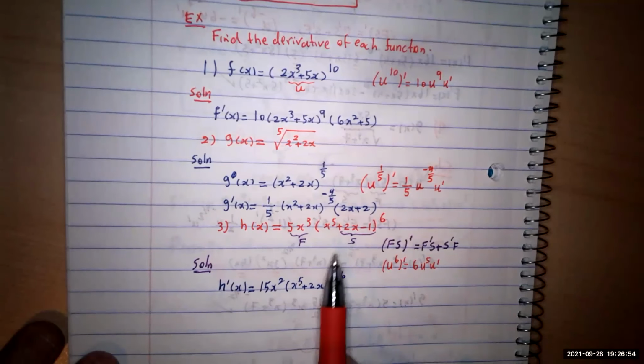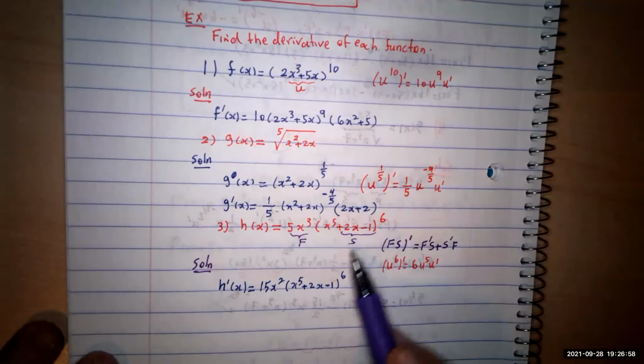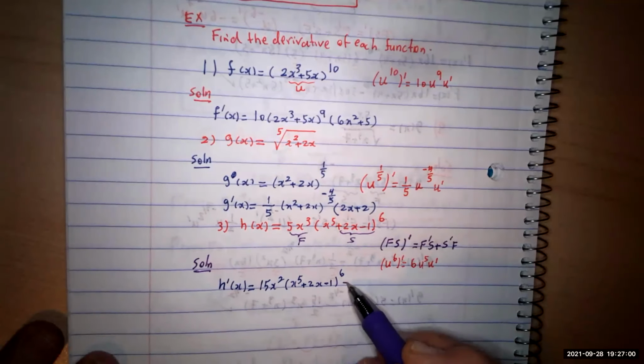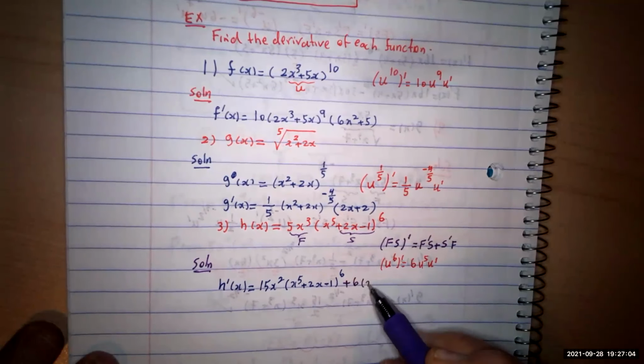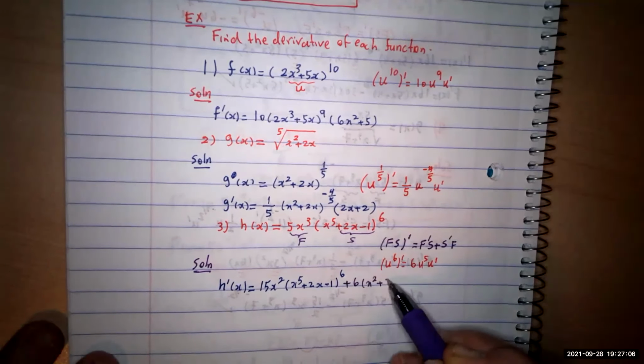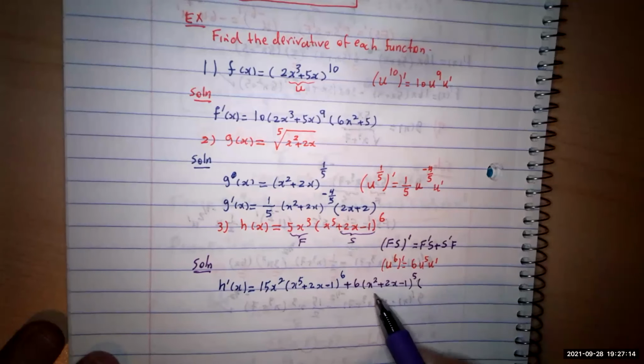And so we operate with the second one. So the second one would be, plus 6 times x to the fifth plus 2x minus 1, just changing the power to the fifth, times u prime. U prime is the derivative of the inside.